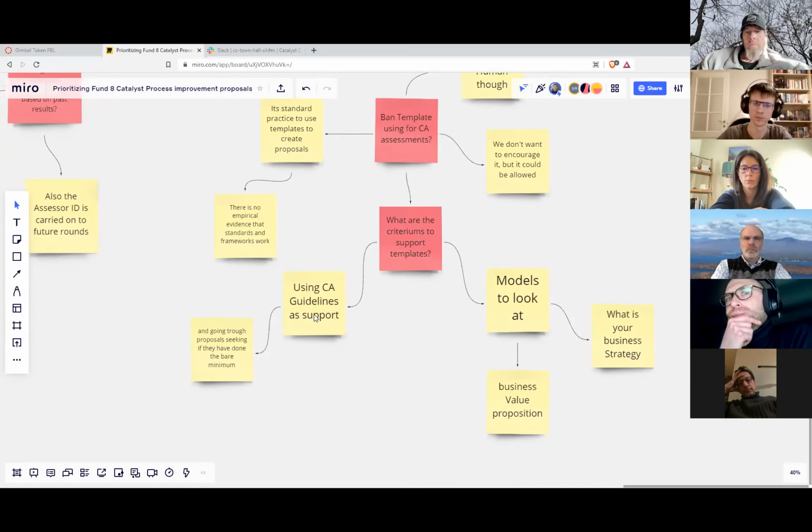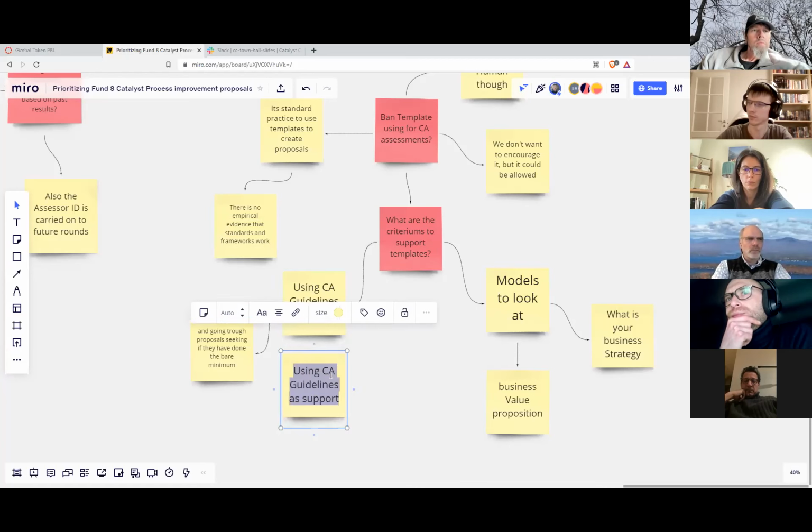If so, then it goes to some qualitative or quantitative CAs who basically give feedback in real time during the 3 weeks that proposers are able to write their proposals and modify them, right? So that's just a sort of checklist. Did you do a good job, acceptable, or not a good job, something quick up and down, with a little advice to say, budget should be broken down, for instance.